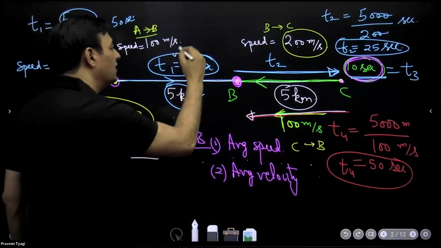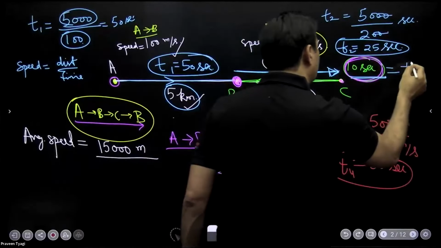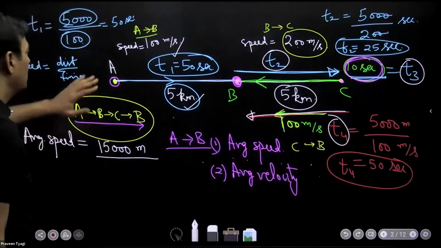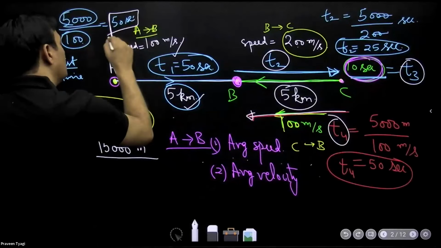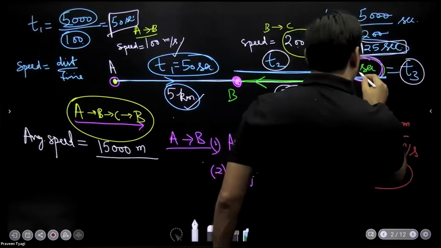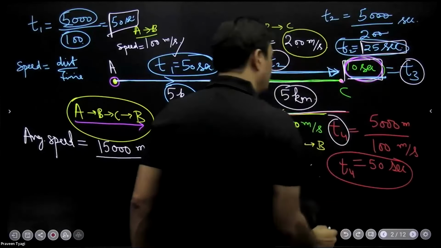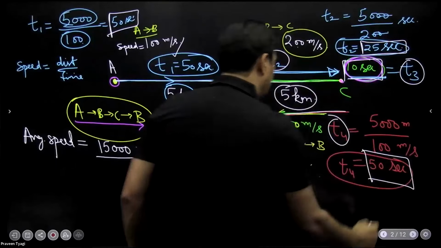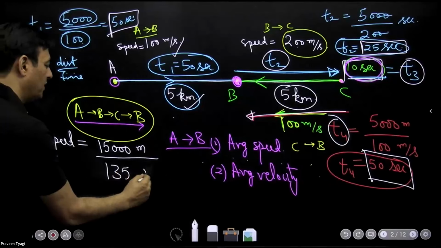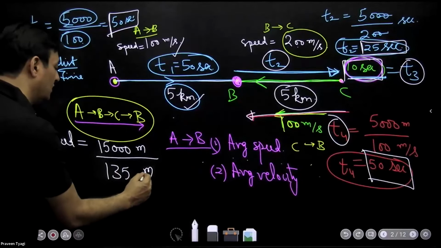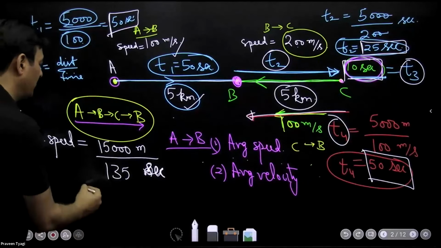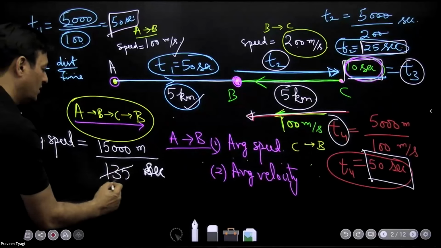Total time taken is T1 plus T2 plus T3 plus T4. All the 4 times. So this is 50 seconds, this is 25, 75. 75 plus 10 is 85. 85 plus 50 is 135 seconds.